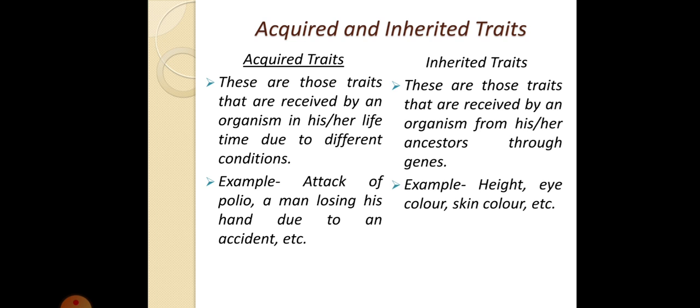For example, our height, eye color, skin color, etc. Now, these are our reproductive cells that take part in reproduction. The pink one denotes the ovum, that is your female cell, and the blue one denotes your sperm cells, which is your male cell.